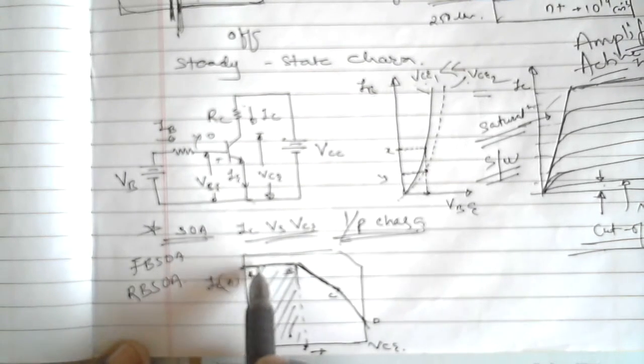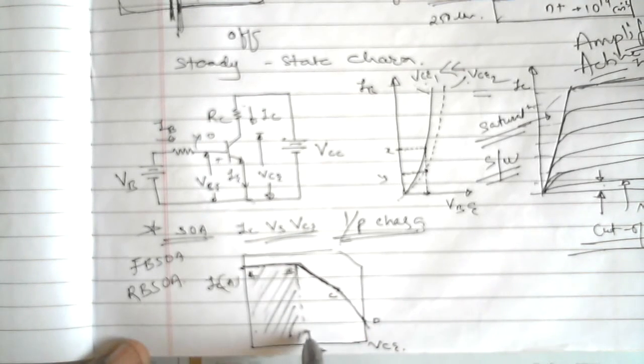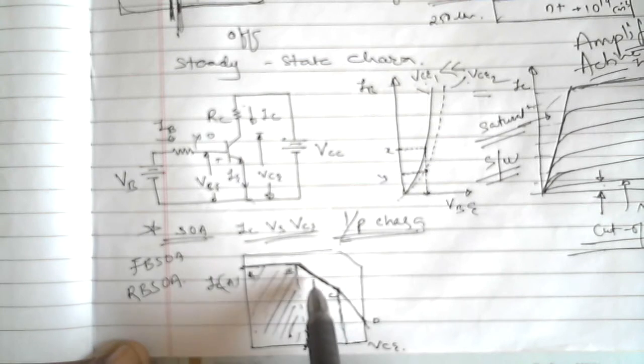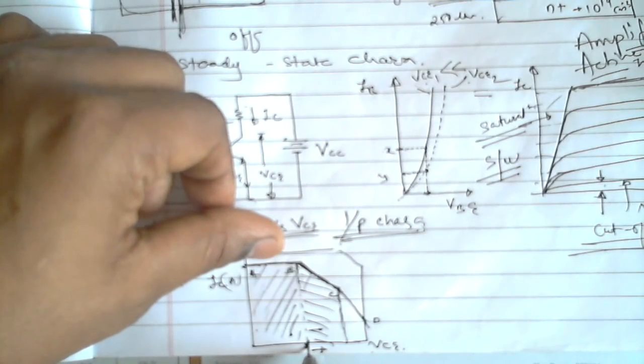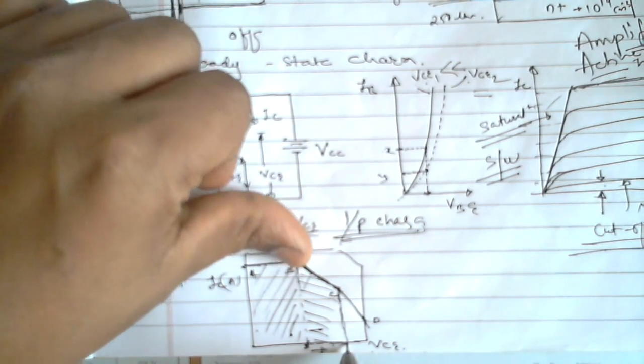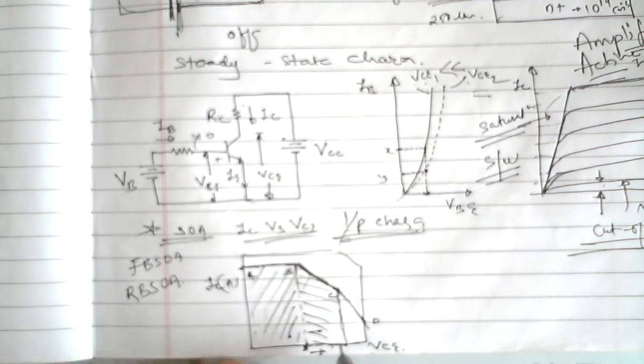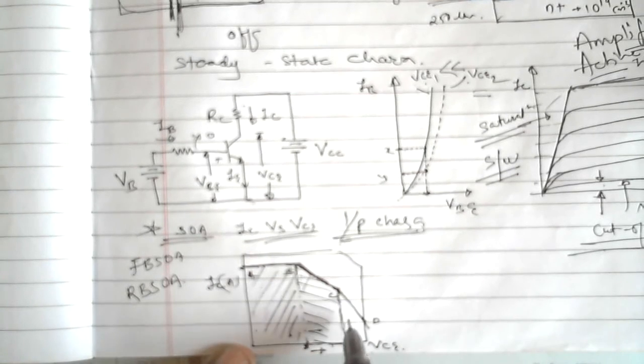So up to this collector emitter voltage you can keep this much current, and it is safe. But if you want to increase the voltage, the current should be decreased so that it stays safe. If you want to further increase the voltage, the current should be further decreased, and this is the safe operating area. So for different currents it is different.